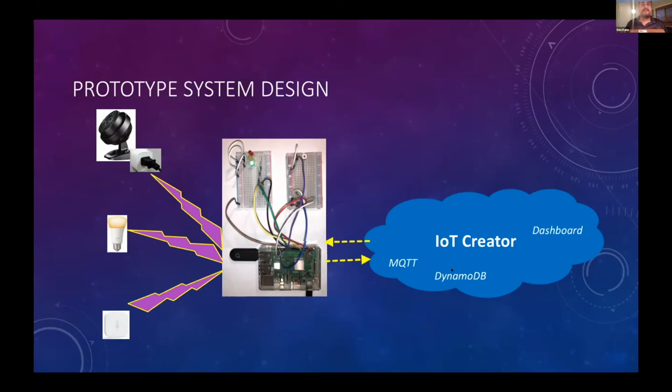Now, I got to a point where I really wanted to be able to turn these things off, so I added these buttons that turn off the fan and the light, so that you don't have to be near your phone to control those.